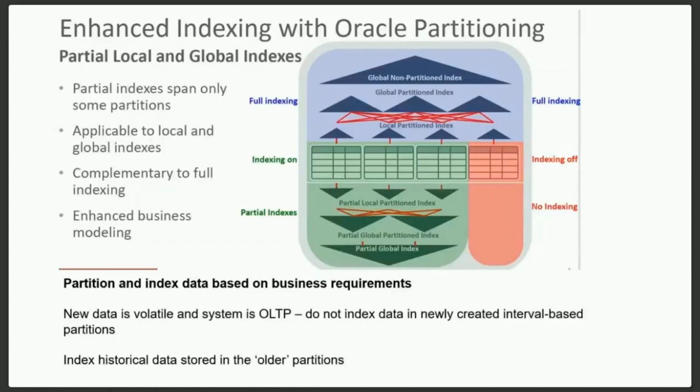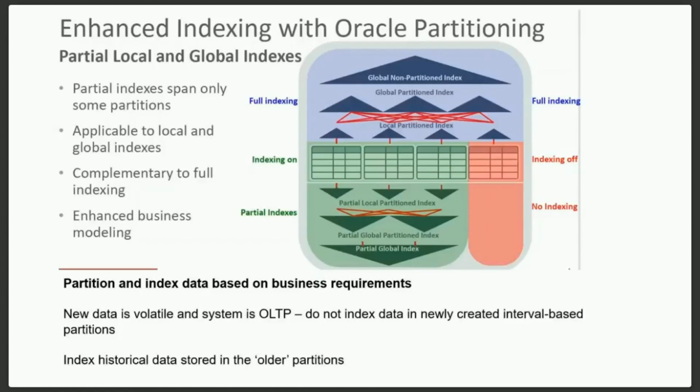I don't want to slow down my DML operations by having additional indexes. So new partitions that get created, maybe through interval partitioning, do not have any indexes defined, but the rest of the table that has older data has indexes defined.